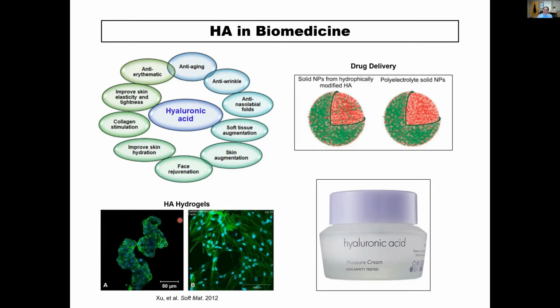So using it as a support for growing different cells or tissues in vitro or in vivo. So a really wide range of uses for hyaluronic acid in biomedicine. And again, this is still being explored and to be used in many different contexts.